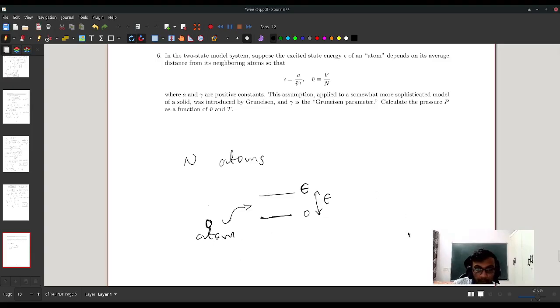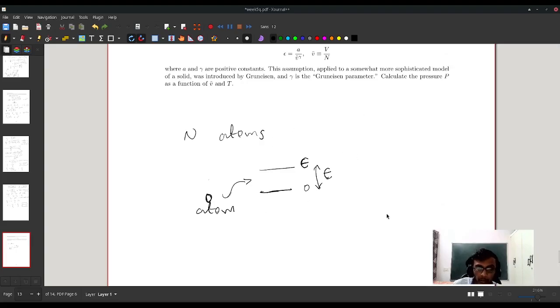We have a bunch of these atoms, N atoms. And the interesting thing here is that this epsilon, the energy of the excited state of an atom, depends on the volume of the full solid. So this epsilon depends on the density of the solid.